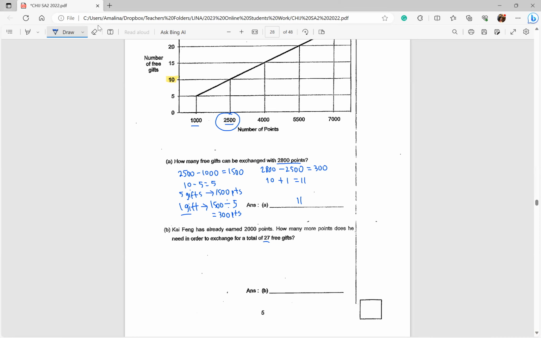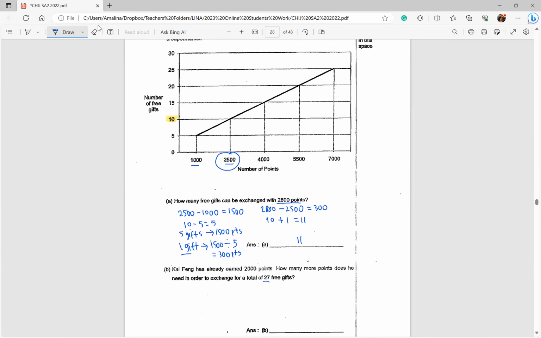If I look at my graph, the one closest to 27 is 25 free gifts, and this requires 7,000 points, which means you need to find out for 2 more free gifts. For 2 gifts I require 2 times 300 points, which gives me 600.